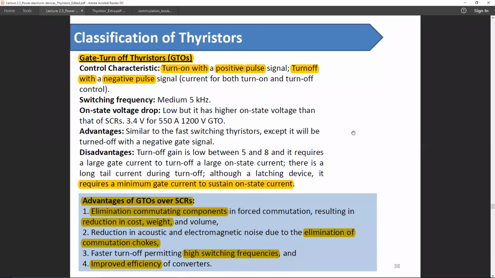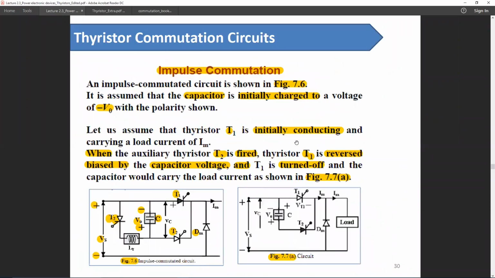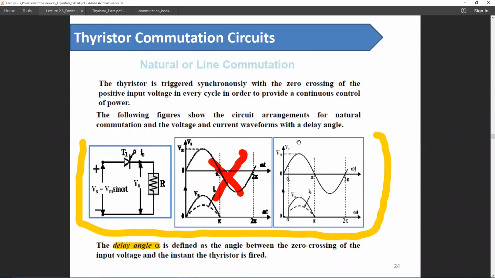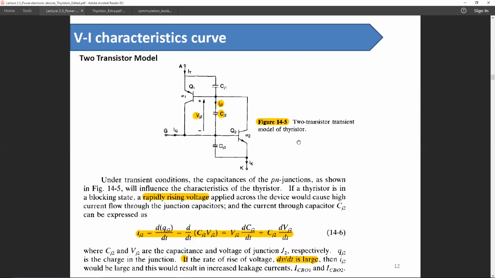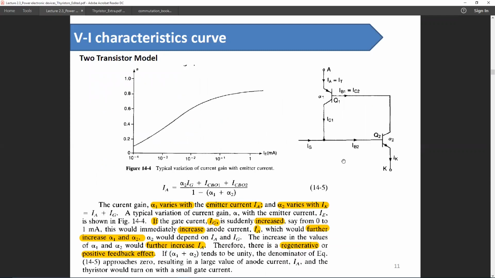So how do we turn off a thyristor? If we get back to our two transistor model, just a quick recall, the positive Ig turns on this Q2, and the Q2 subsequently turns on Q1, and eventually they get to full saturation.